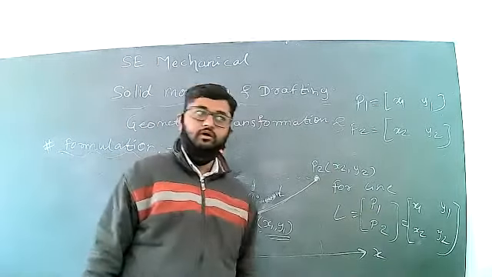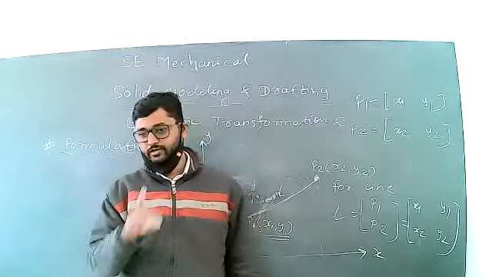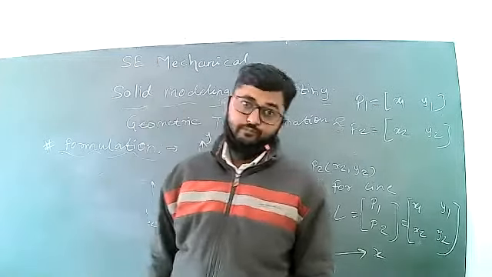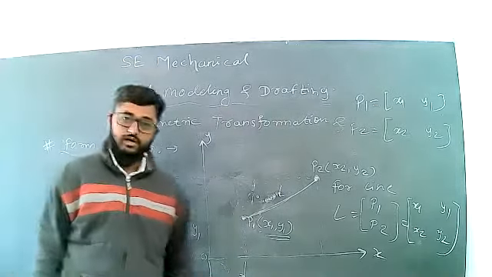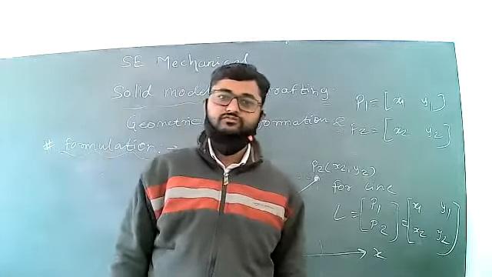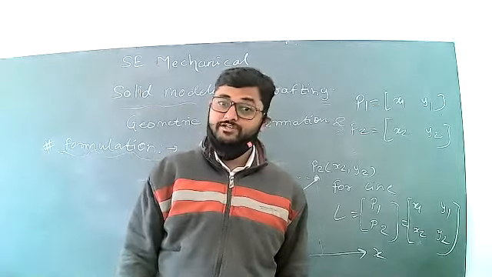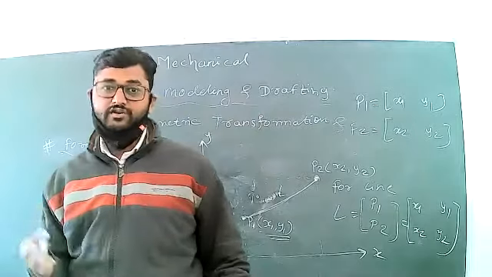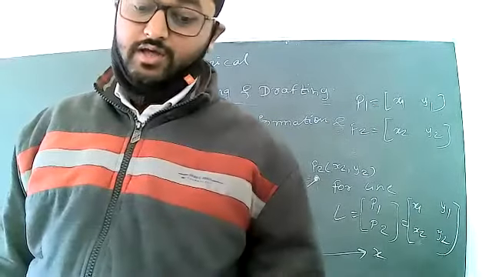So this formulation topic is very important from the geometric transformation point of view. These are the two important terms used for geometric transformations. That is formulation, and there are three different types of two-dimensional geometric transformation.